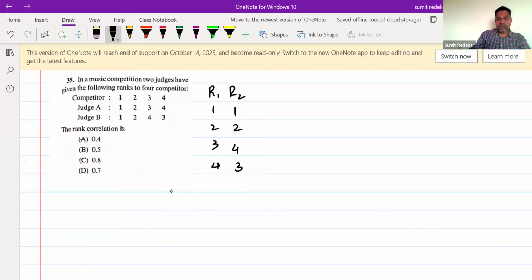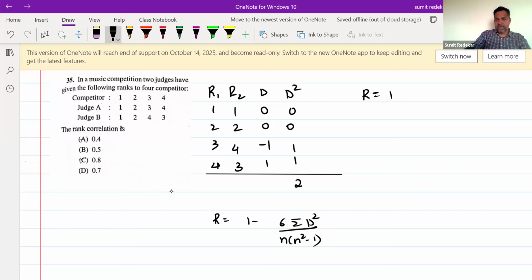What is the total of the square of the differences? It is 2. So the rank correlation coefficient is 1 minus 6 sum of d square upon n into n square minus 1. The rank is 1 minus 6 into 2 upon 4 into 4 square minus 1.